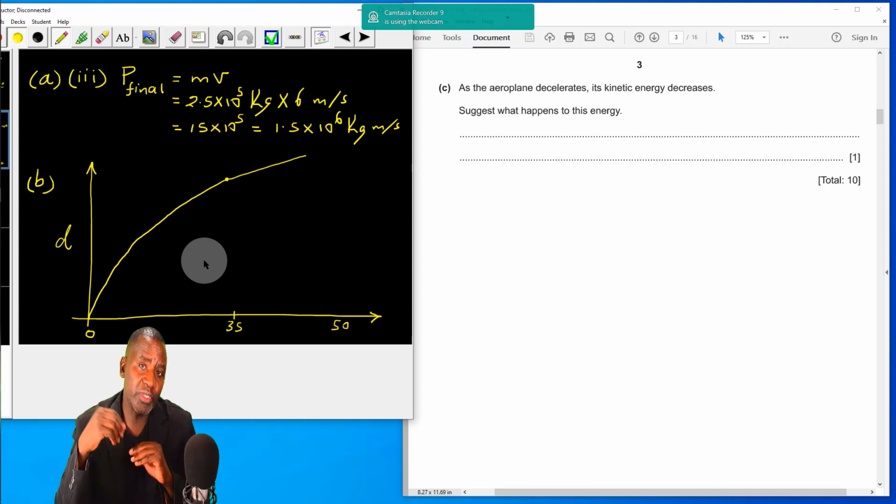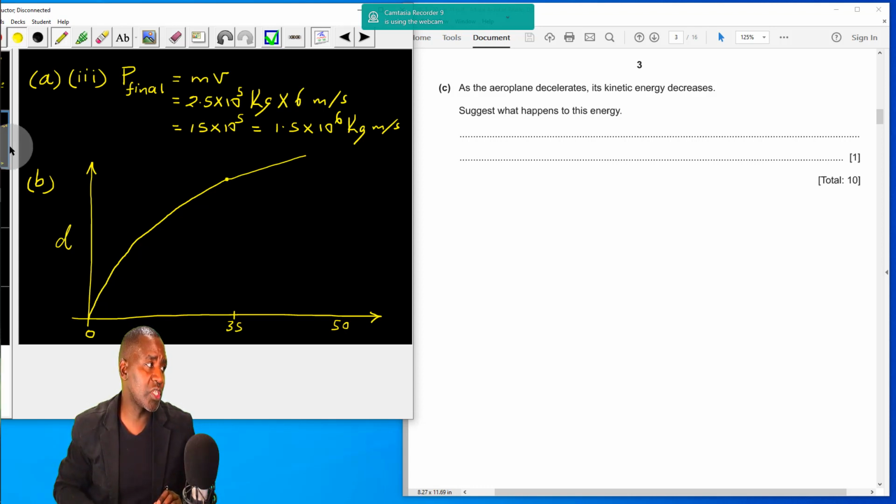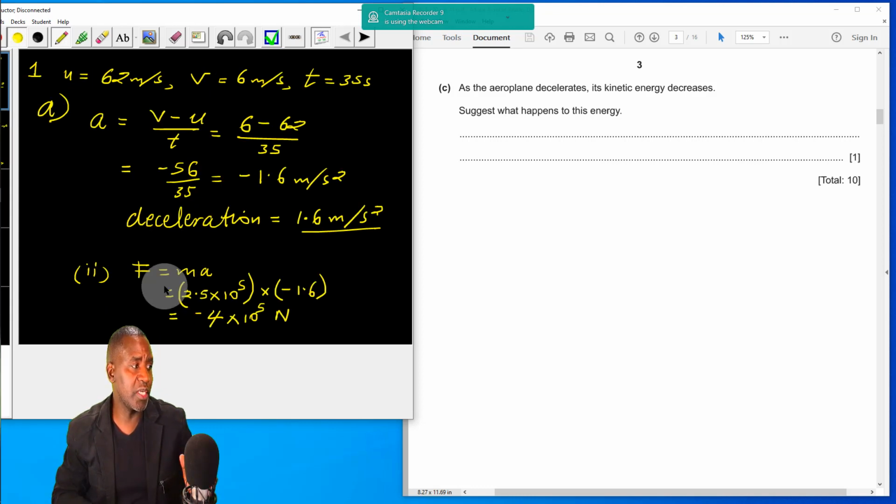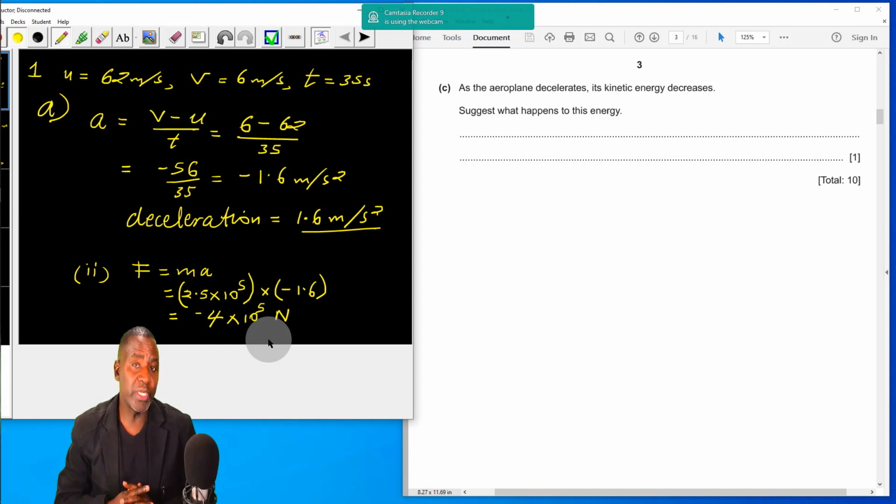When you look at this question, there are so many things that it has left out. For instance, when we calculated the force and we noticed that the force had a negative sign, that force that was causing the deceleration, we could refer to that force as the decelerating force or the retarding force.